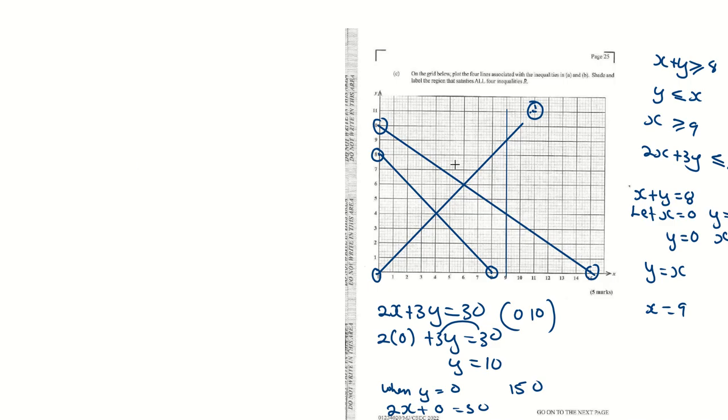And they said shade and label the region that satisfies all four inequalities. So the first inequality is x plus y is more than or equal to 8. Yeah, more than or equal to 8.